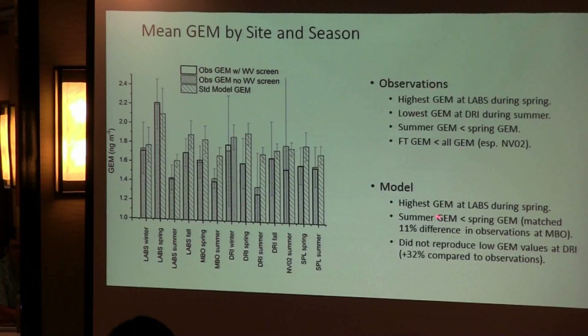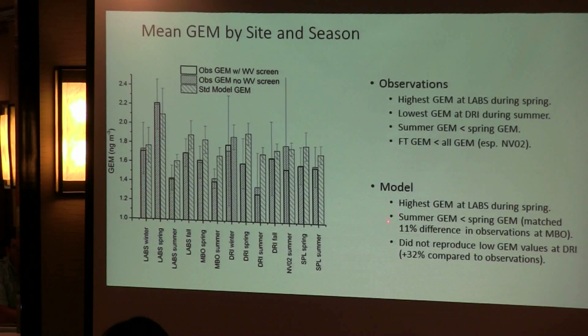In the model, we also see the highest elemental mercury concentrations at the Lulin site during the spring, so that feature is well represented in the model, and it's primarily due to outflow from Asian sources and probably biomass burning, as Gui Rong mentioned yesterday.